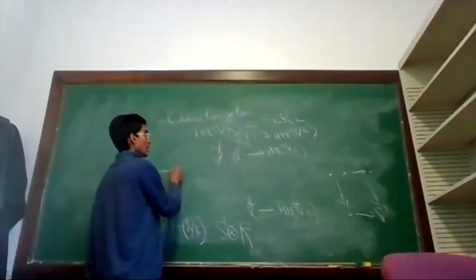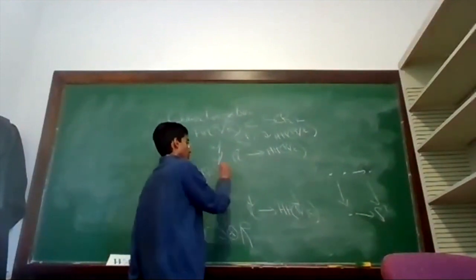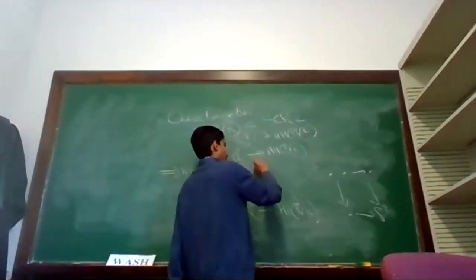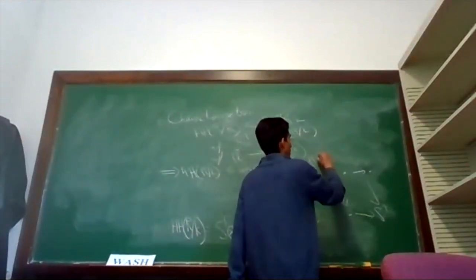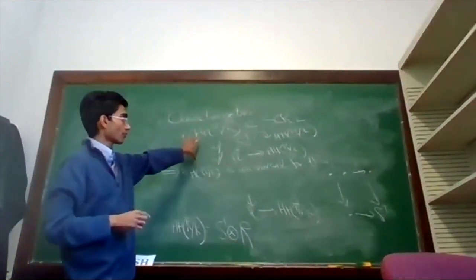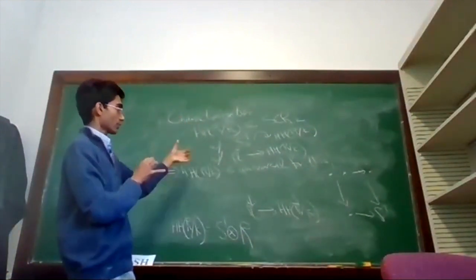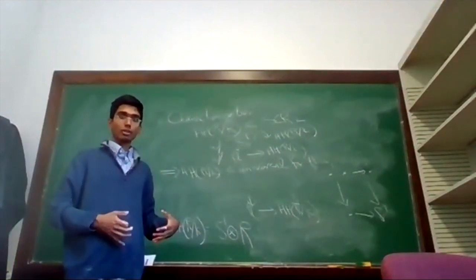And then the claim is that HH of R over K is universal for this structure. That's what it means that you're tensoring with the circle. It's the free thing which receives a map from R in the world of simplicial commutative rings and has a circle action.